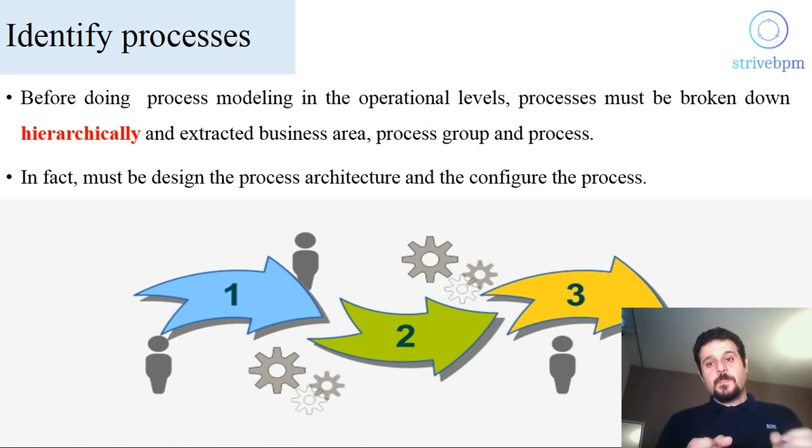In this step, the first one is the process architecture. We talked about the process architecture being in 3 levels: business area, process group, and process. Before modeling the processes, you should determine these three levels and align the processes with your strategy.